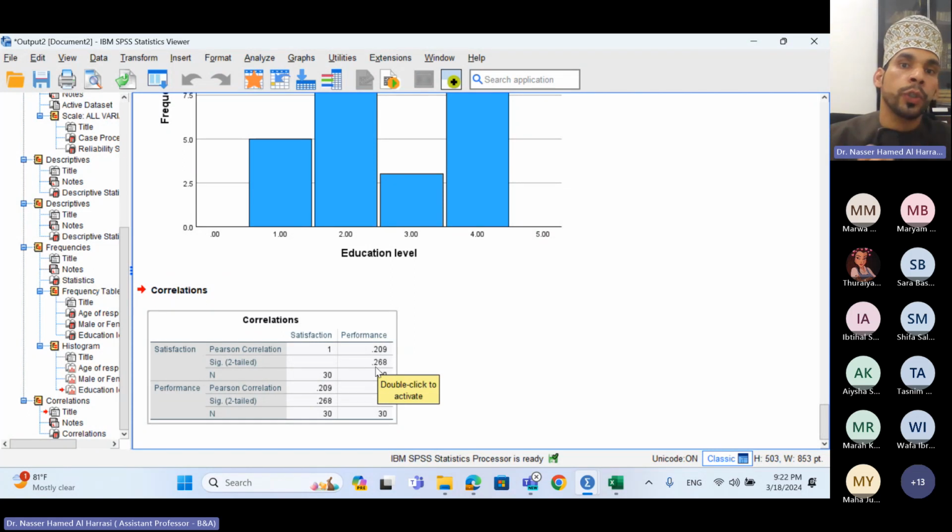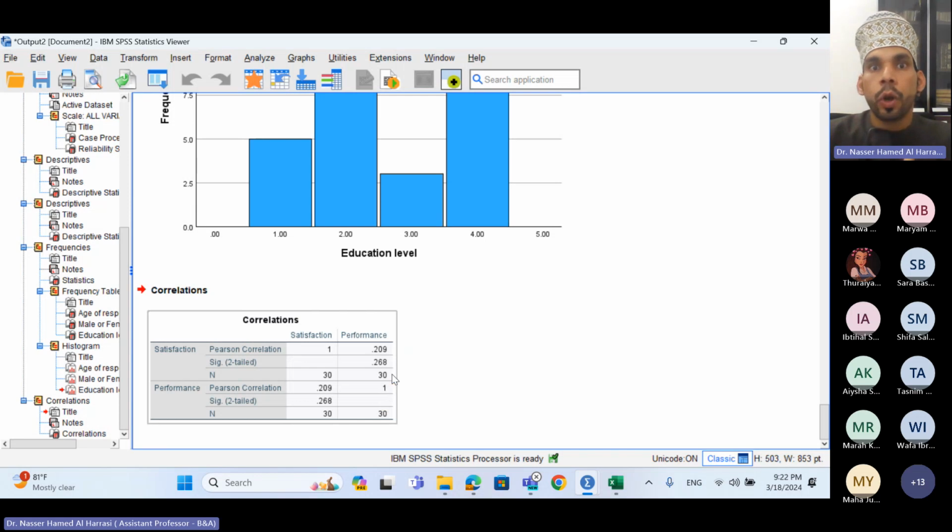I do not insist on bringing data where the significance is less than 0.05, because many of the students, I'm sure, manipulated or fabricated the data, and the significance would then be 100% less than 0.05. So I don't want to shock you: it is not necessary that the significance here comes out less than 0.05.